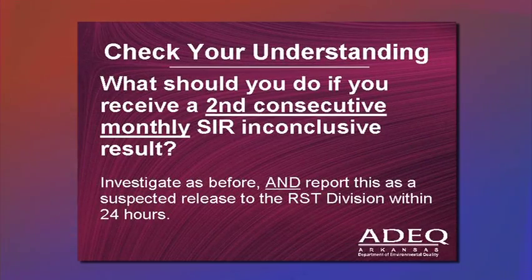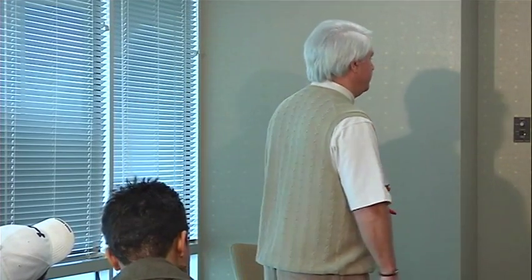What do you do if you get your second consecutive monthly SIR inconclusive result? You've got to investigate as before. However, this time you have to call us and tell us that you've got a suspected release at your facility. Two inconclusives in consecutive months.